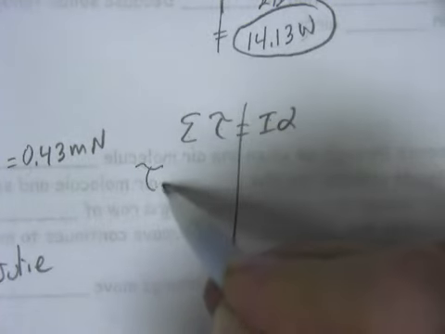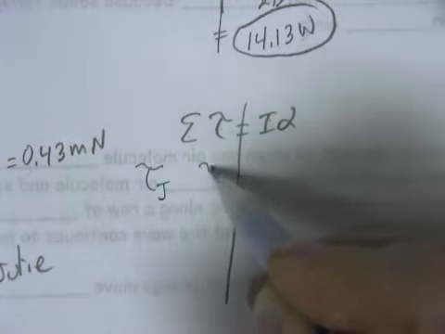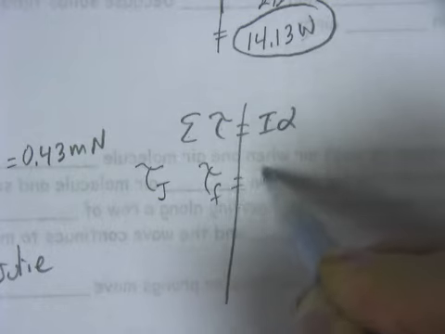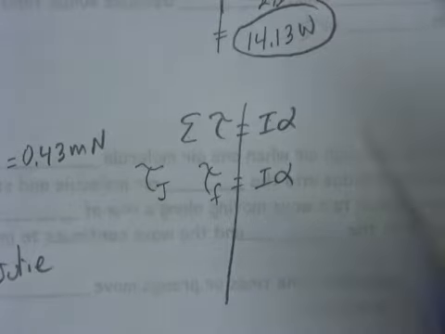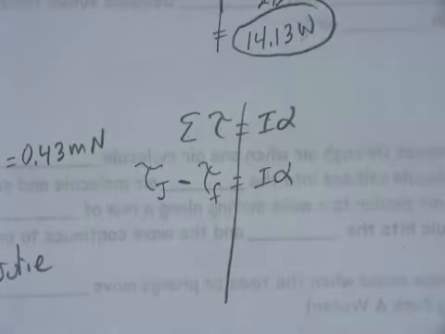There's a torque exerted by Julie, and then a torque exerted by friction. Now, from the problem, they don't tell me which one's clockwise, which one's counterclockwise. But I do know that one is going to cause it to speed up and one is going to cause it to slow down. And so they are playing a tug of war. So the most important thing is that I make one positive and one negative. They just need to be opposite signs.